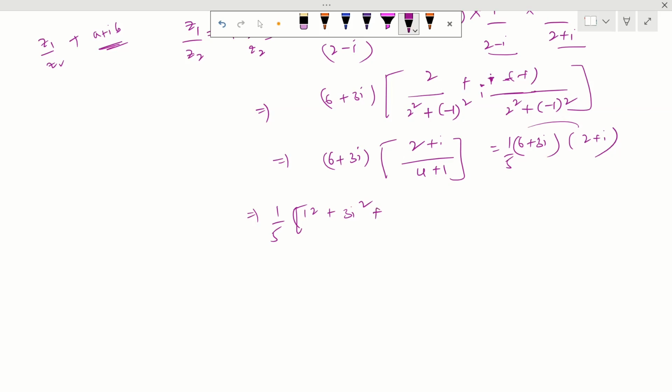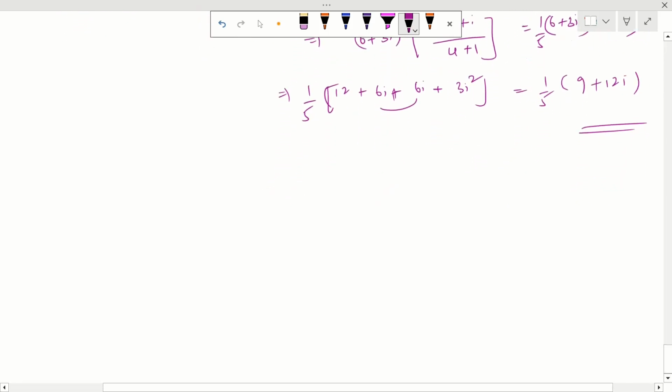Now 3i square is minus 3, so 12 minus 3 is 9, and 6i plus 6i is 12i. This is the final expression in the form of a plus ib.